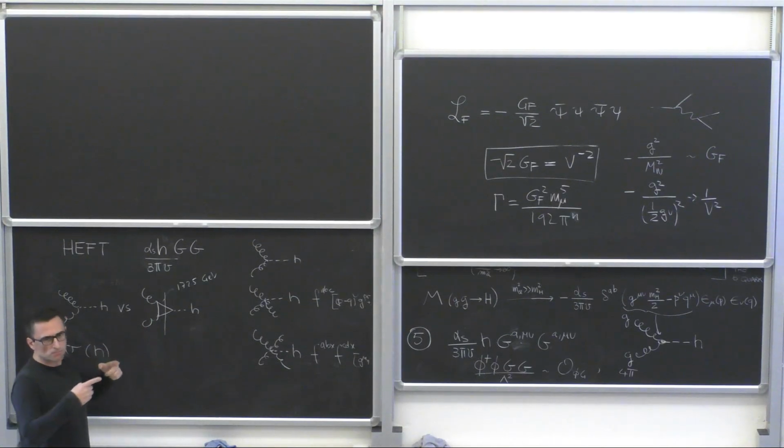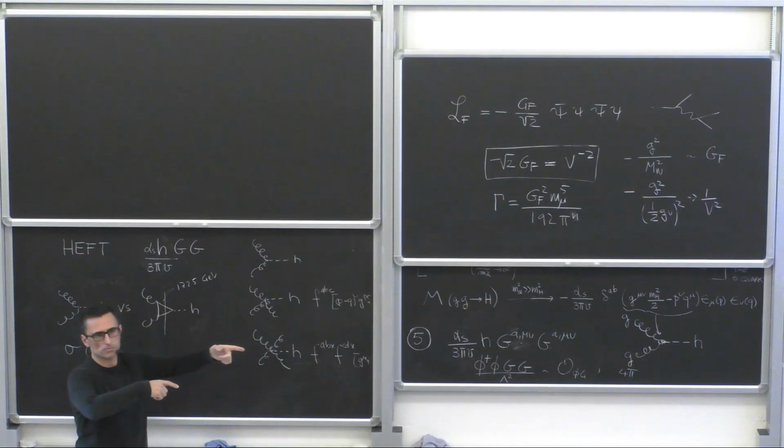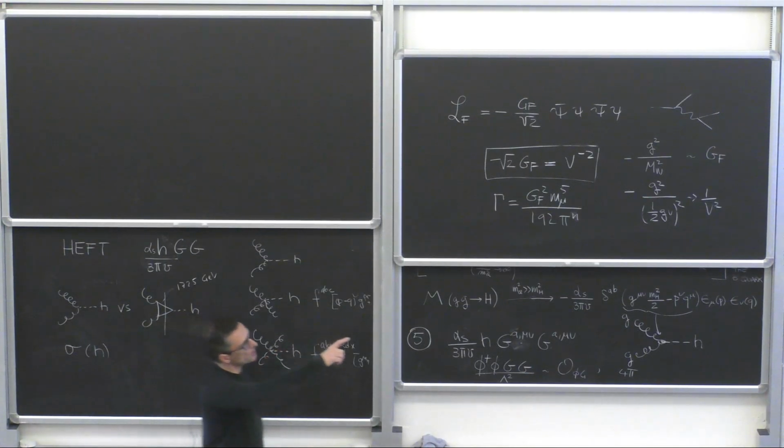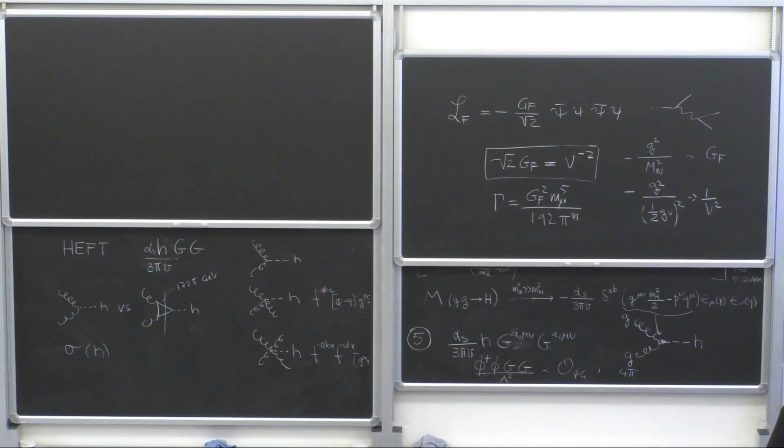It gets a phase, it gets an imaginary component, which is really the production of a gluon to t t-bar, and then the t t-bar fused into a Higgs. And this is possible if the Higgs is heavier than the two tops. Otherwise, you cannot. So at that point, technically we say that the loop gets an imaginary part.